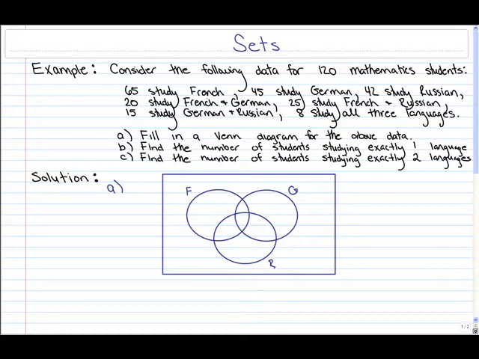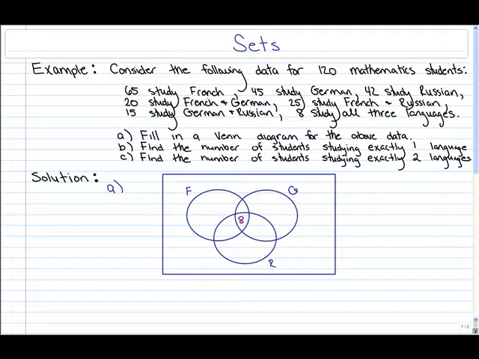Now the trick with the Venn diagram here is to start off with who studies all three languages. So 8 people here study all three languages. So in the center here, we should have had a value of 8, and that represents that 8 study all three.